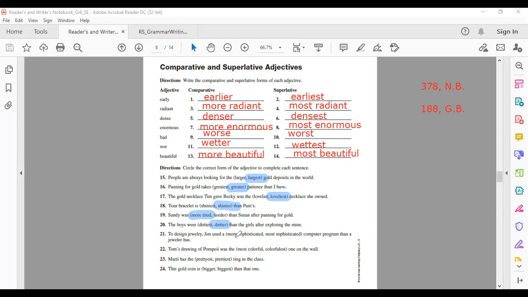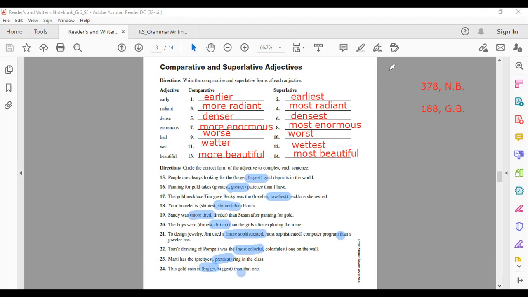More sophisticated, because we have than. Tom's drawing of Pompeii was the most colorful or colorfulest one on the wall. Most colorful. Marty has the prettier or the prettiest ring in the class. Prettiest. This gold coin is bigger or biggest than? Bigger. We have than.